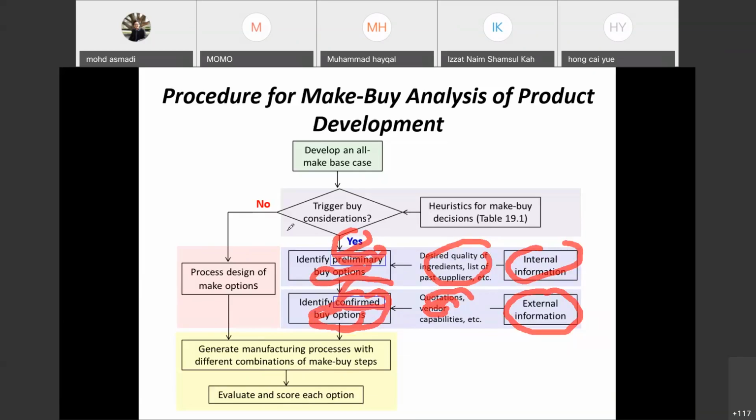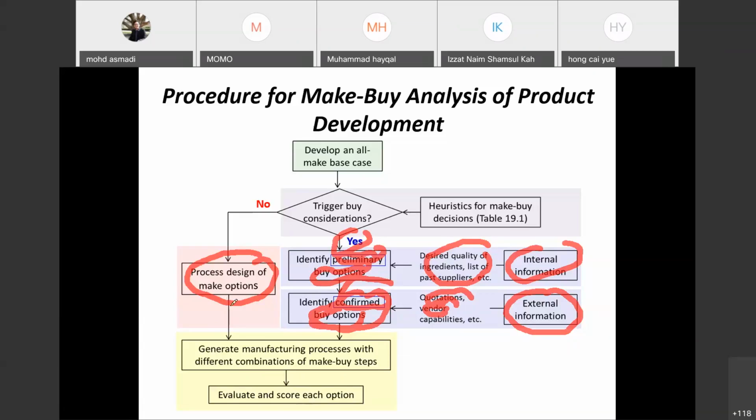And in parallel, we can proceed with the make option, which is where we can identify the process design, cost estimation, similarly quotations, and who the supplier is.